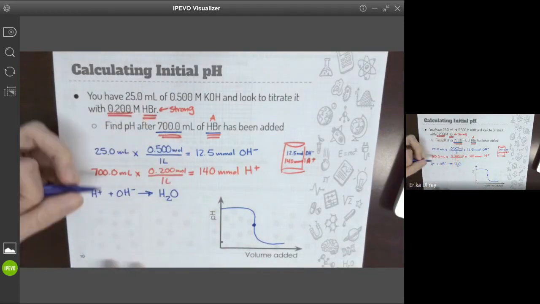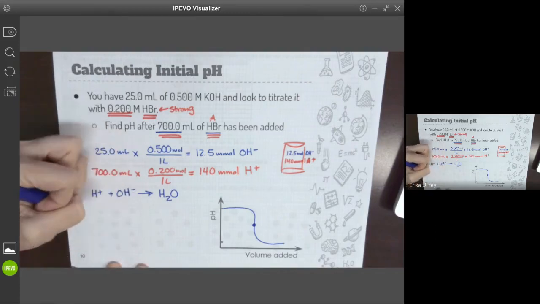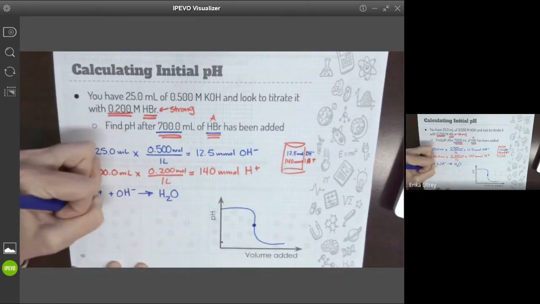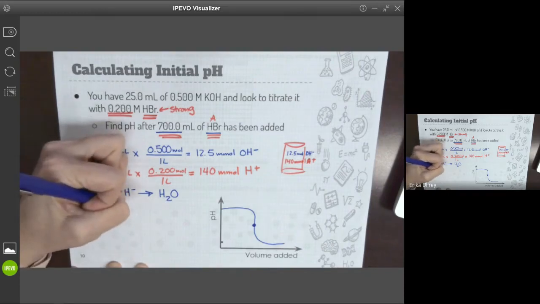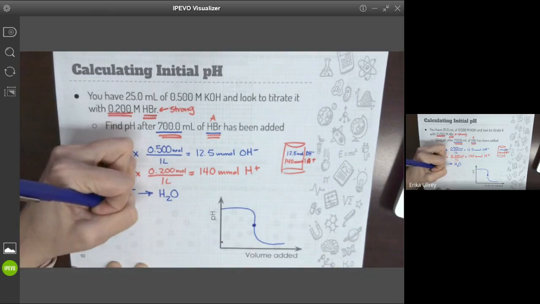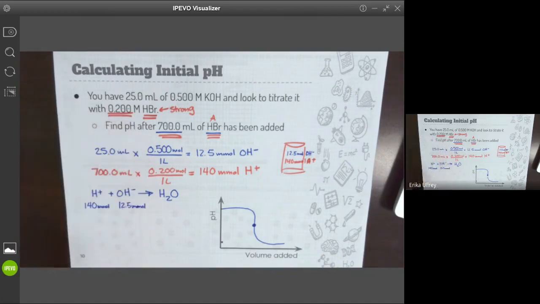So what this is saying is we have 140 of these, and we have 12.5 of these. So what's going to be completely consumed? The OH or the H plus?